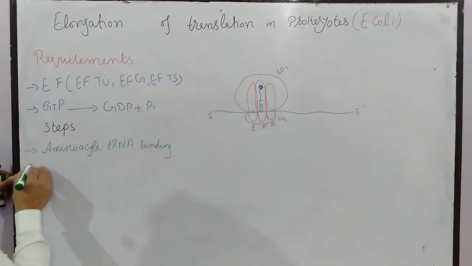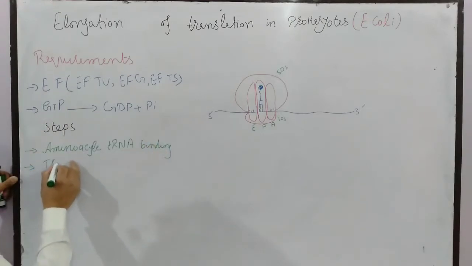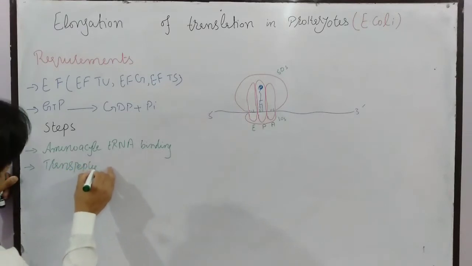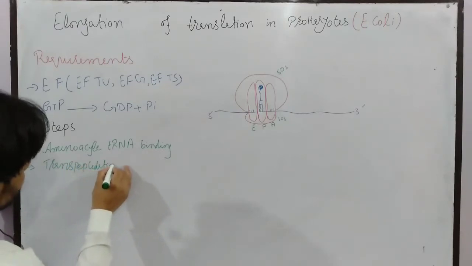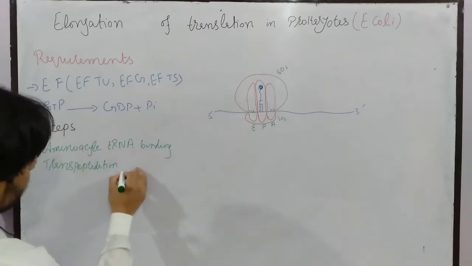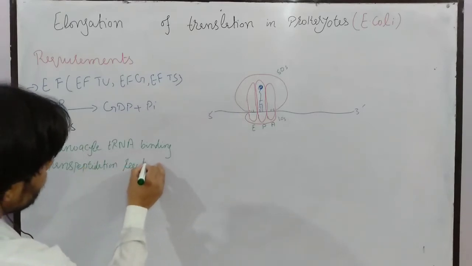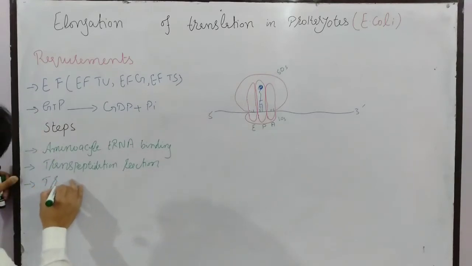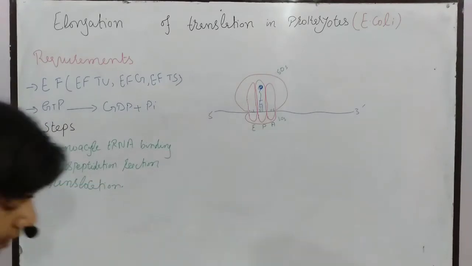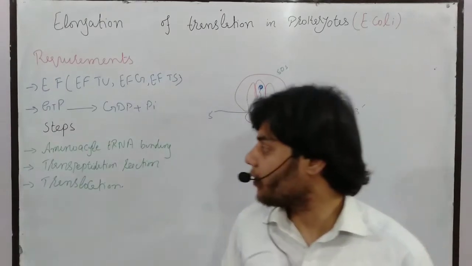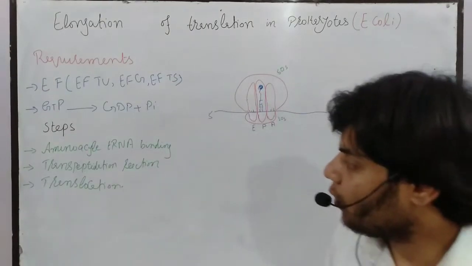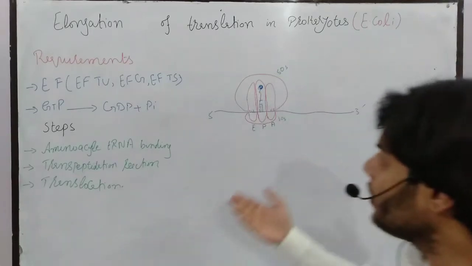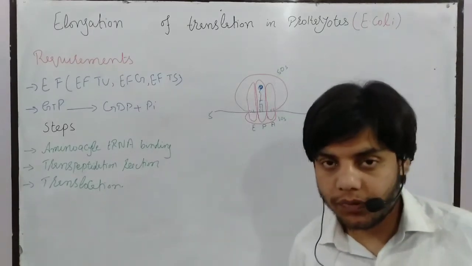The second step is the transpeptidation reaction. And the last step is translocation. So these are the main steps involved in this stage. Now let's talk about the mechanism of this elongation of translation.